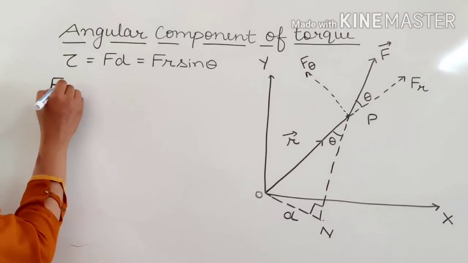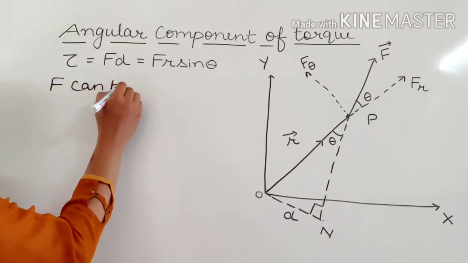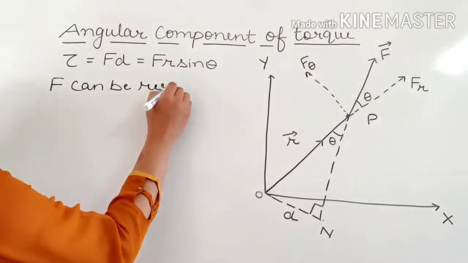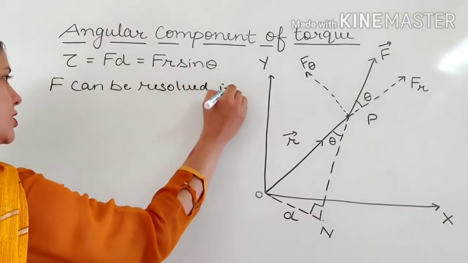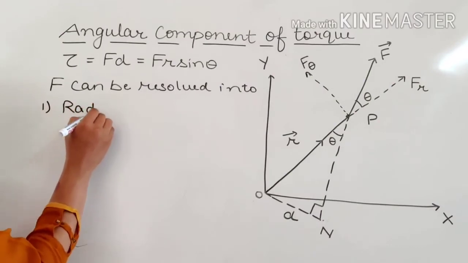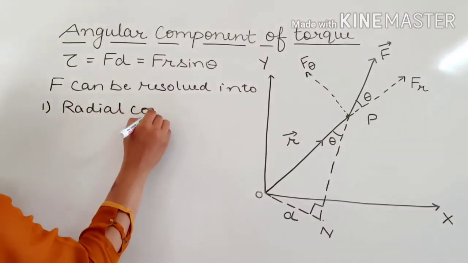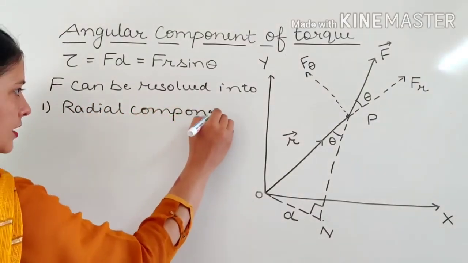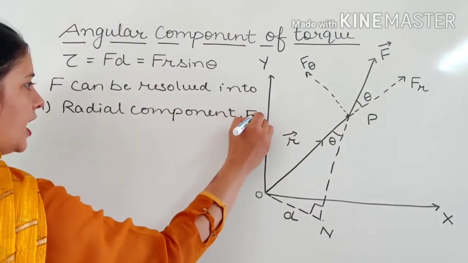First, the radial component, that is Fr.